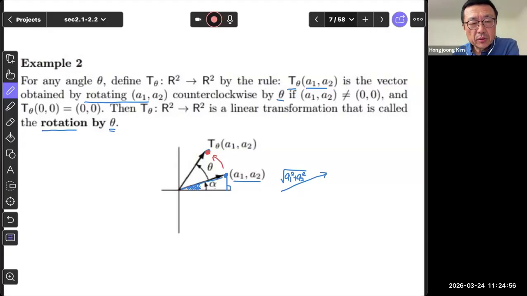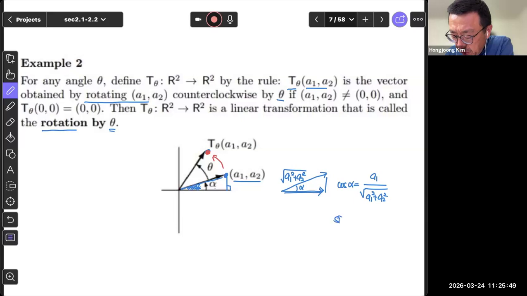And when we consider the trigonometric functions, the ratio between the hypotenuse and the base defines cosine. So cosine alpha represents the ratio between the base, which is a1, over the square root of a1 squared plus a2 squared, and the ratio between the hypotenuse and the opposite defines the sine function.